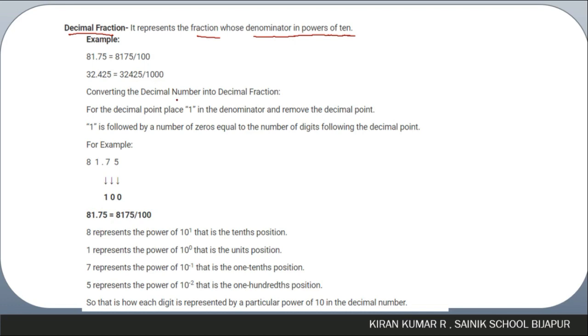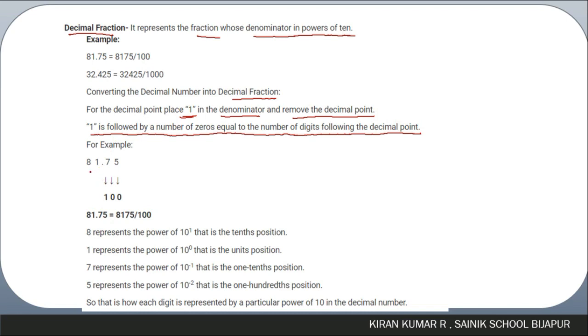Converting the decimal number into a decimal fraction: for the decimal point place 1 in the denominator and remove the decimal point. 1 is followed by the number of zeros equal to the number of digits after the decimal point.